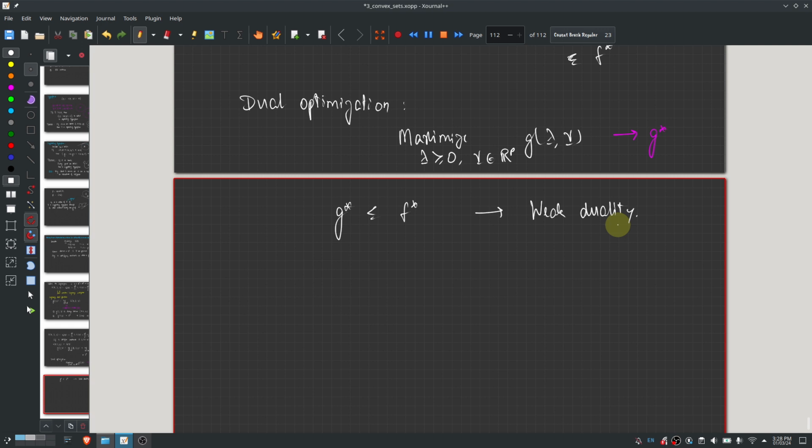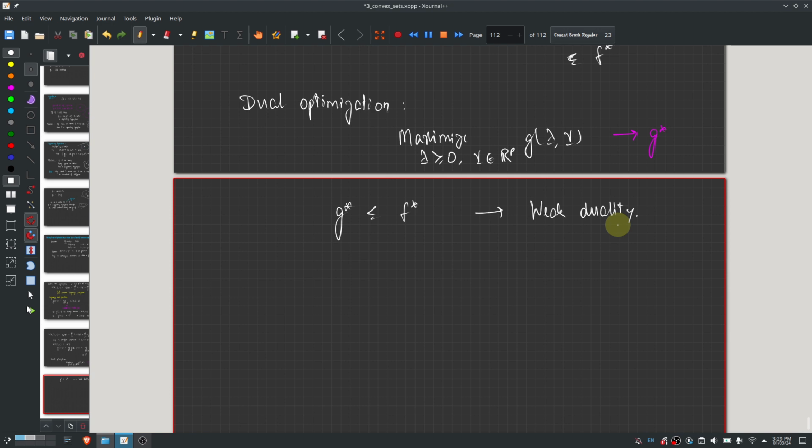In certain cases, it turns out that g star is equal to f star, and this is what is called strong duality. If strong duality holds, then essentially I could solve the dual optimization problem instead of the original optimization problem. But on the face of it, it doesn't feel like we've simplified anything. I had an original optimization problem which I couldn't solve. I defined this dual optimization problem, which again I don't know if I can solve or not. But as it turns out, in many cases, the dual optimization problem is easier to solve.